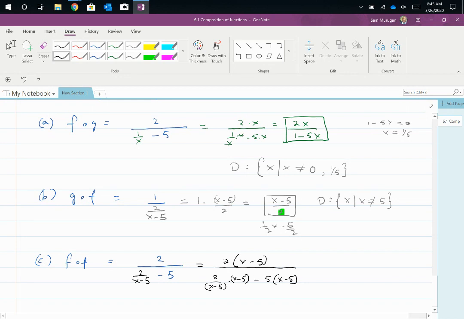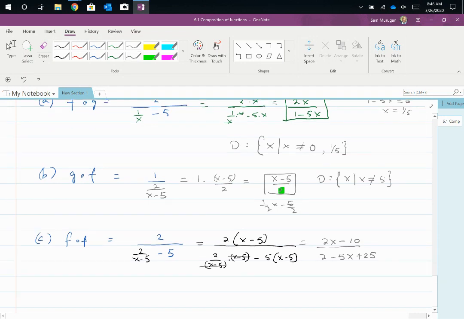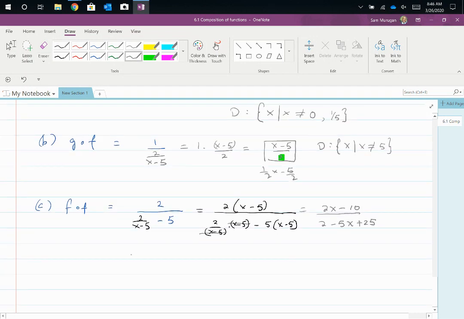Remember to multiply all of the terms by the LCD. So this is 2x minus 10 over 2 minus 5x plus 25, which simplifies to 2x minus 10 over, what is that, 27 minus 5x.